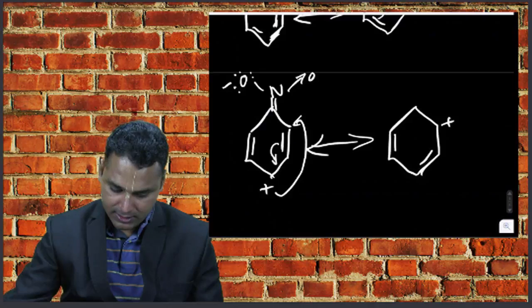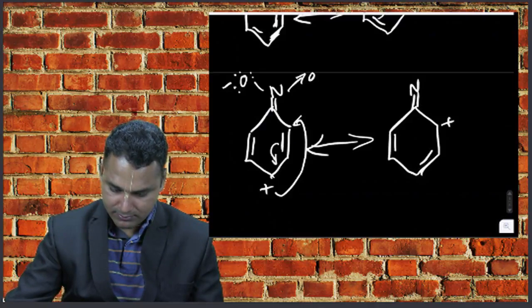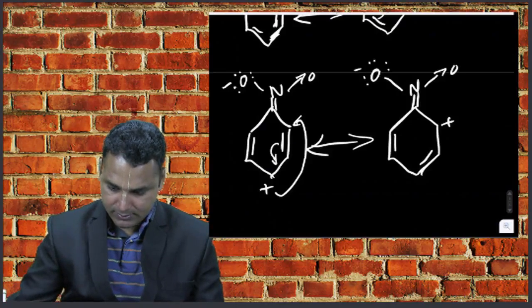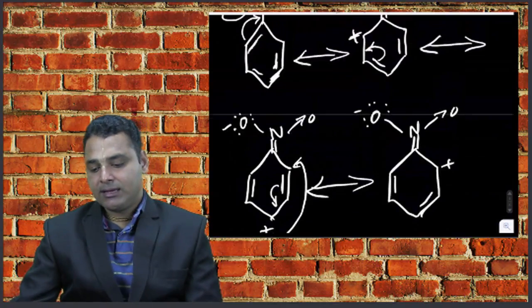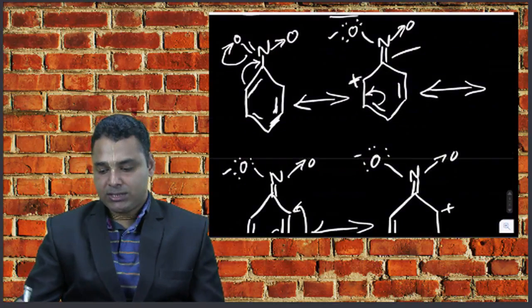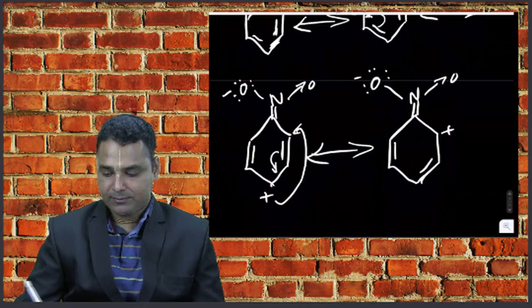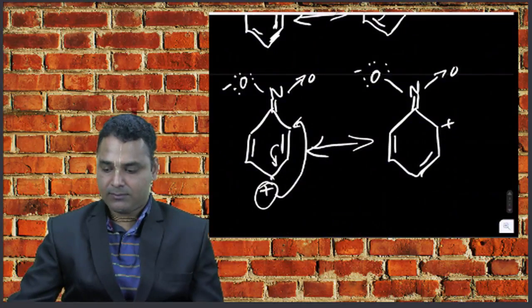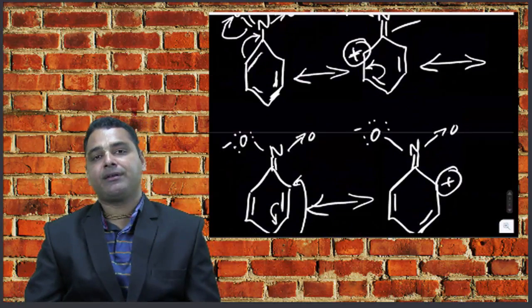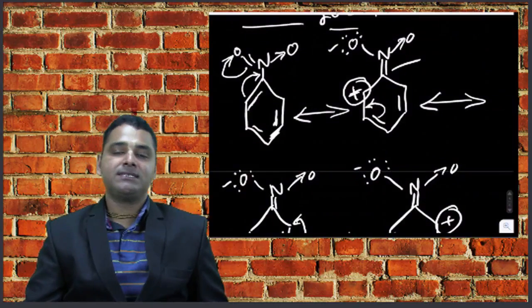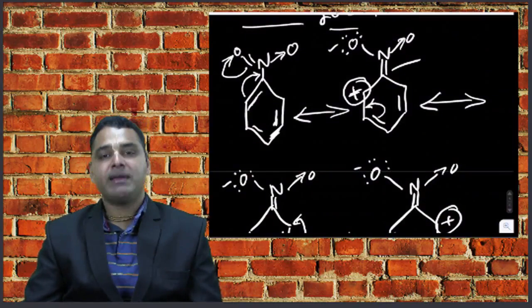The rest is the same. So we have seen the positive charge shifting. This is the minus R effect. Now the electron density has decreased on the benzene ring.